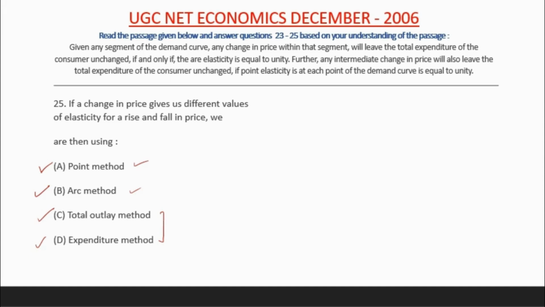As far as the point method is concerned, in Indian textbooks, the point method refers to the geometric method. But in authors like Mankiw and Taylor, if you ever read that book, you will find this point method as the percentage method only.